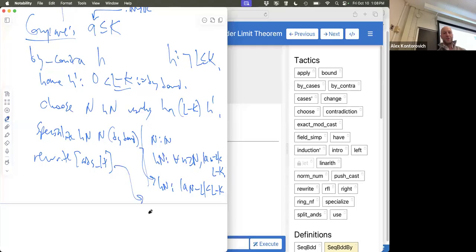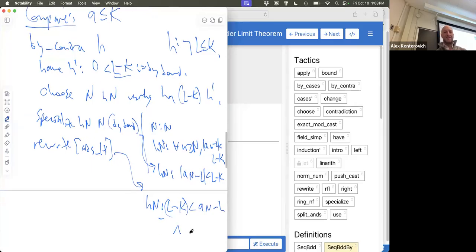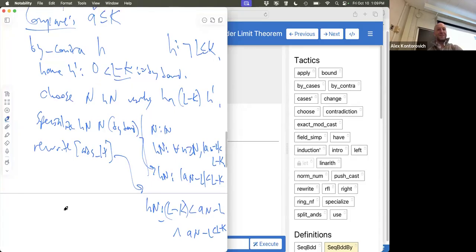So this will change HN to: negative L minus K is at most a n minus L, and a n minus L is at most L minus K. And so what? We're almost there.